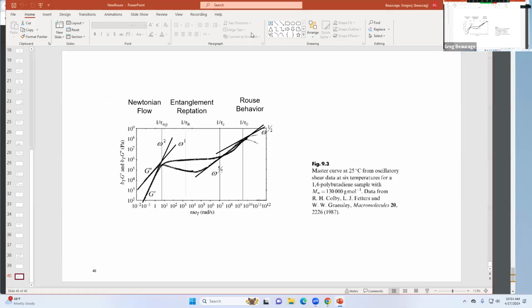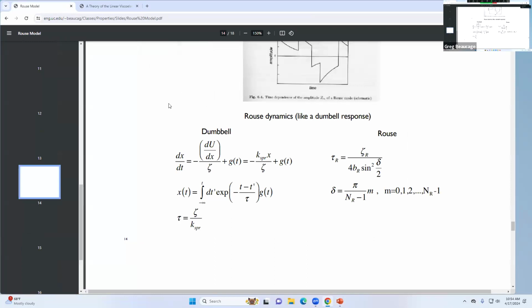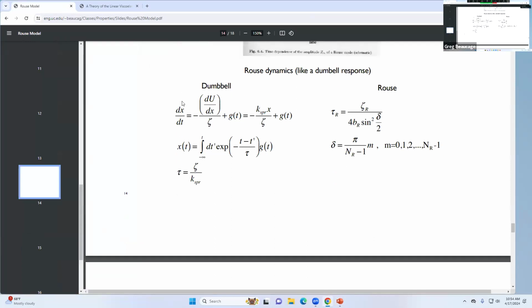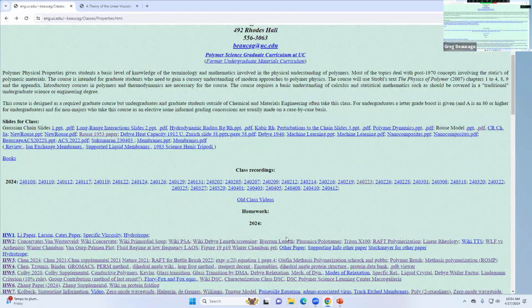Not in these slides, it's probably over here. So that's the dumbbell. Maybe I should just do a little of that.